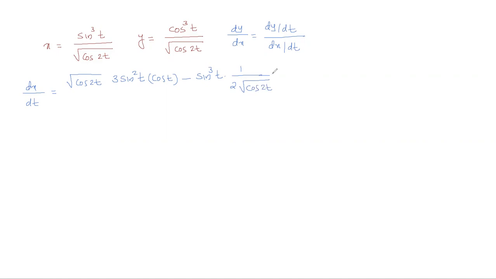But in place of x it was cos 2t, so multiply by its derivative. The derivative of cos x is minus sin x, so it is minus sin 2t. Still, in place of x it was 2t, so multiply by its derivative, into 2, the whole divided by denominator square. So the square of under root cos 2t is cos 2t.